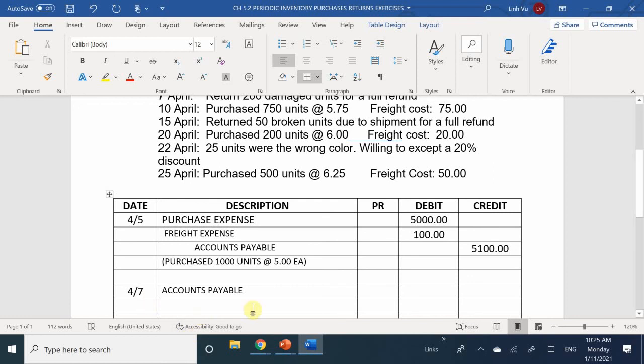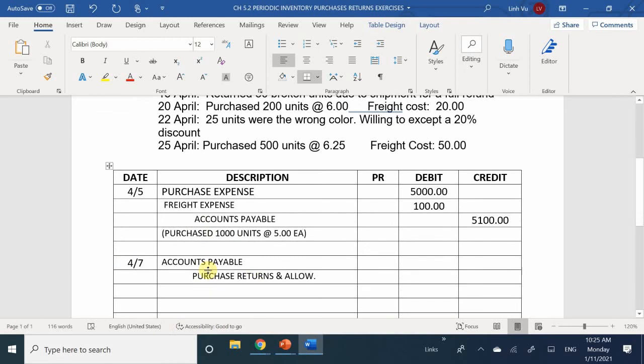And then what is my credit account going to be? Purchase returns. Good. Purchase returns and allowances. Okay. So how much is my total going to be?